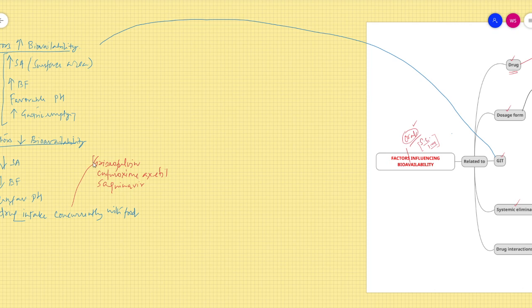Saquinavir. Okay, so these are examples of drugs whose bioavailability increases when consumed with food.